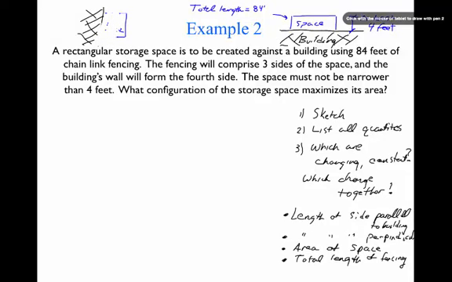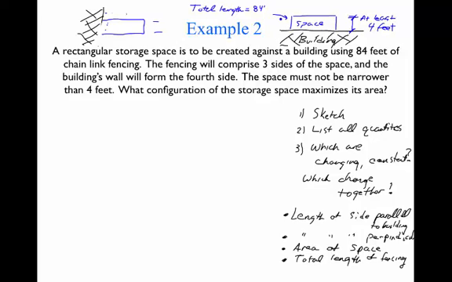Where it would come into play would be this situation, because your storage area next to a building probably wouldn't be 4 feet this way. We would utilize space better. But on both ways, we just assume 4 is the minimum. Yeah, good point.